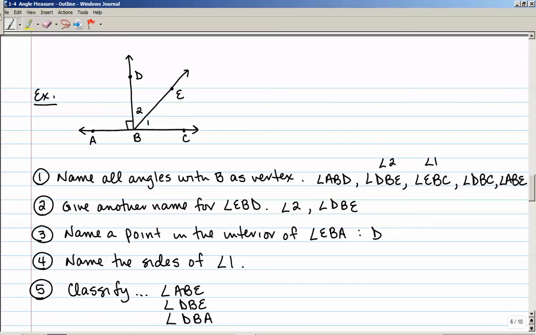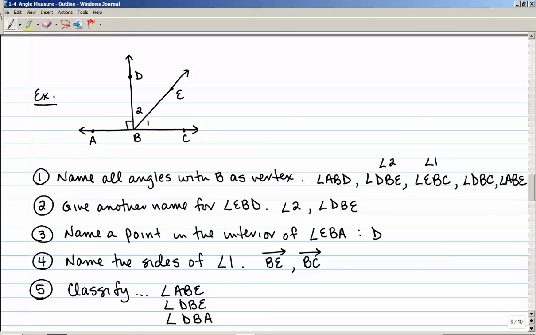Number 4, name the sides of angle 1. Recall that the sides of an angle are rays. So that would be ray BE and ray BC. And I write it like this: ray BE with the line going in one direction, and ray BC, the line going in one direction. Notice I cannot talk about ray EB or ray CB because that would be going in the wrong direction.